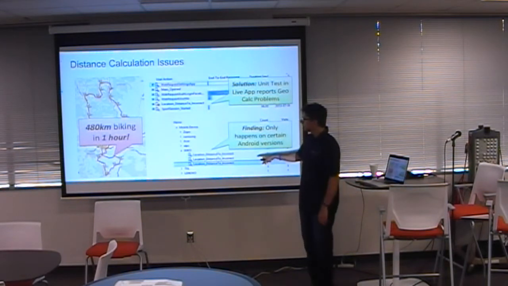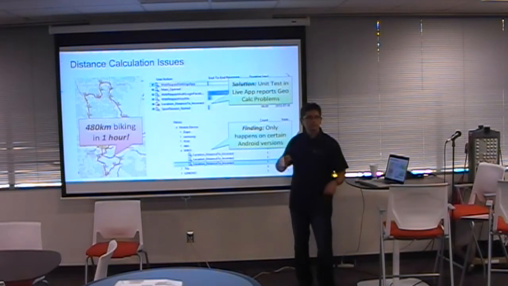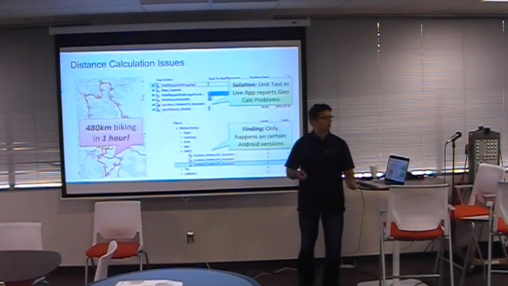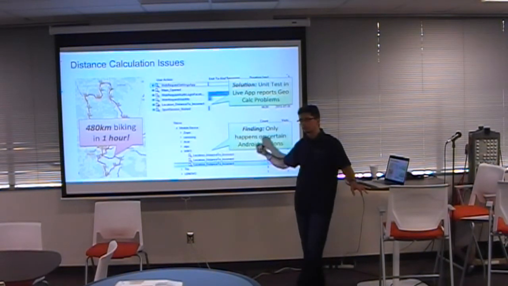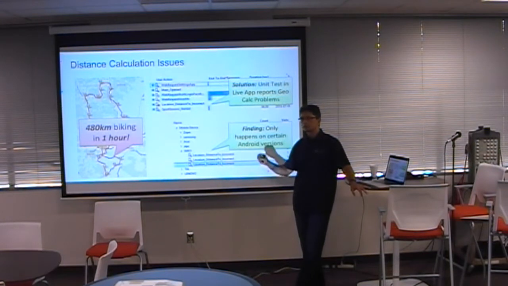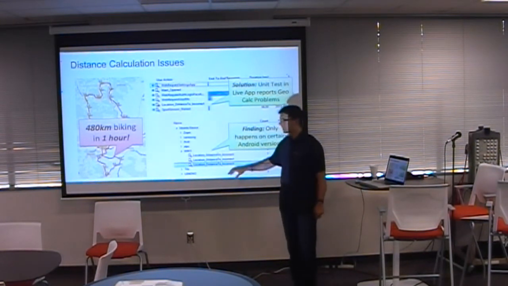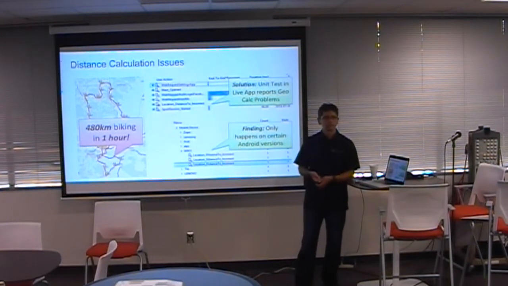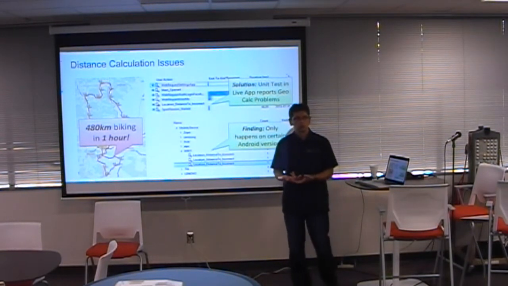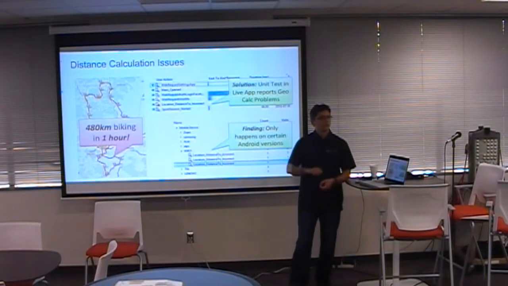What that told them is that they need not spend hours and hours looking at all the code. This information helped them focus on that version of Android. And when they looked online, they quickly found out that there's a bug in the Android operating system, which is out of their own control, that was giving the wrong location and map GPS coordinates.